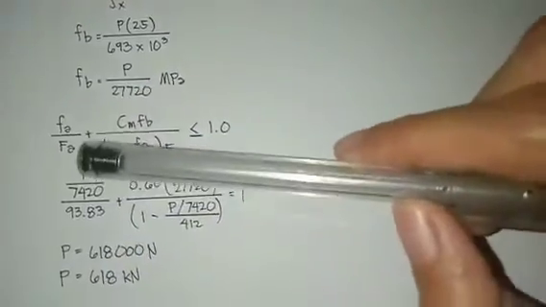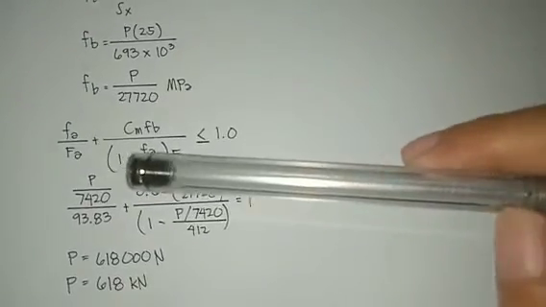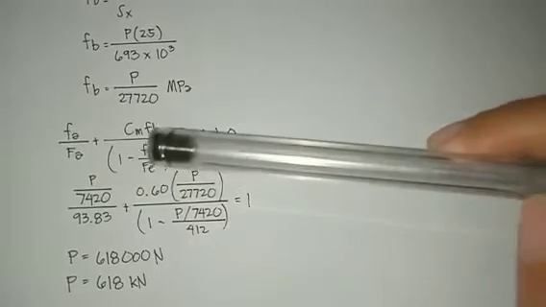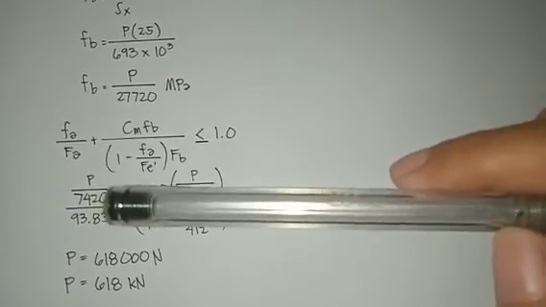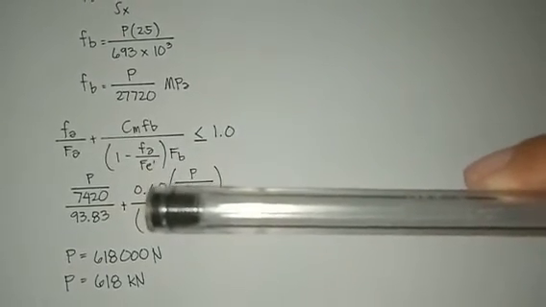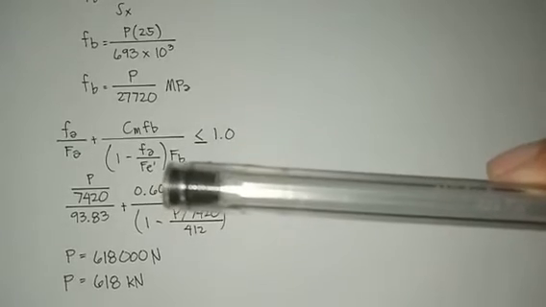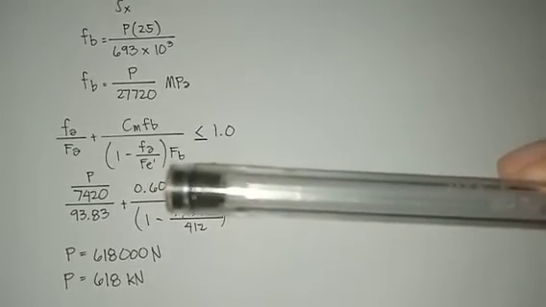So, balik sa formula. fa over Fa plus Cm times fb over the quantity of 1 minus fa over F'e times fb, and it should be less than or equal to 1.